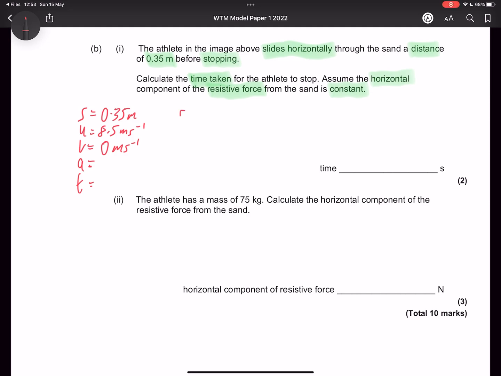So as an equation, we want to use S equals U plus V over 2 times T. So make sure you express it nice and clearly. We want to rearrange it to find T, which is again fairly straightforward. Multiplying both sides by 2 and divide by U plus V. So we get T is equal to 2S over U plus V. So that gives us 2 times 0.35 over 8.5 plus 0.